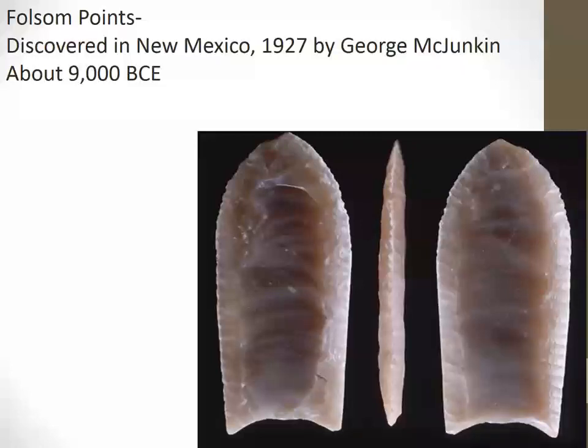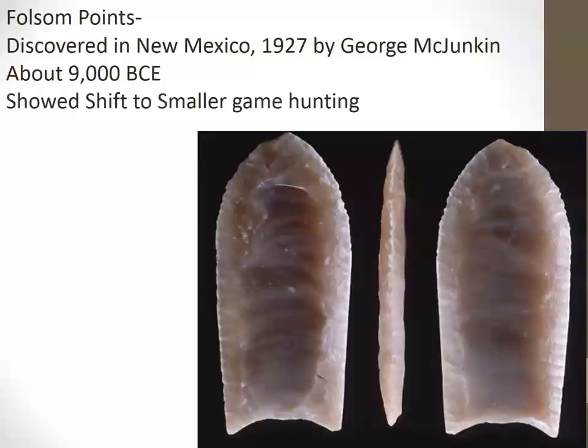The discovery of Folsom points in New Mexico in 1927 was very significant, and it lends credence to the idea that the Americas were the last major place populated by humans. It is also evidence of a transition in their way of life from hunting mammoths and large game with large spears to hunting smaller game with points such as these.